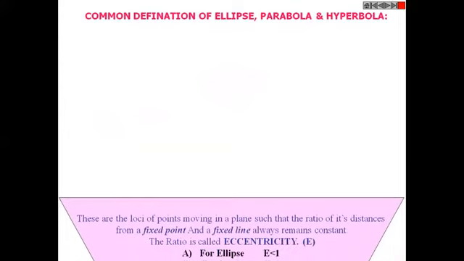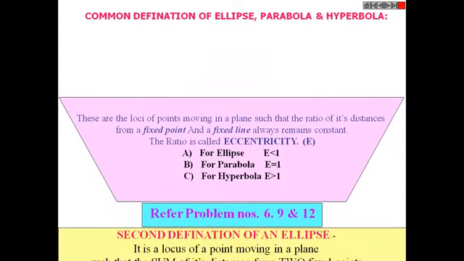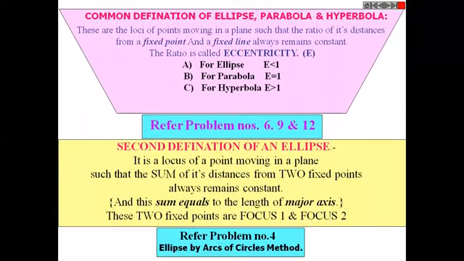A common definition of the ellipse, hyperbola, and parabola: each is the locus of a point moving in a plane such that the ratio of its distance from a fixed point and a fixed line remains constant. This constant ratio is called eccentricity. When it is less than 1, it is an ellipse. When it is equal to 1, it is a parabola.